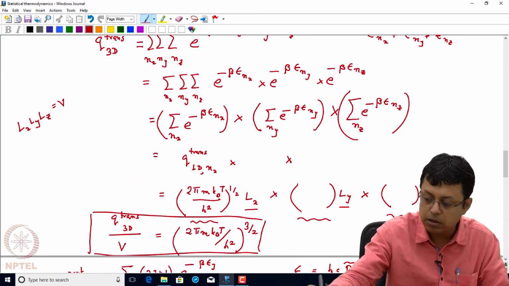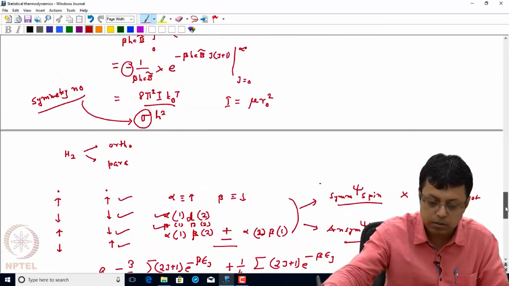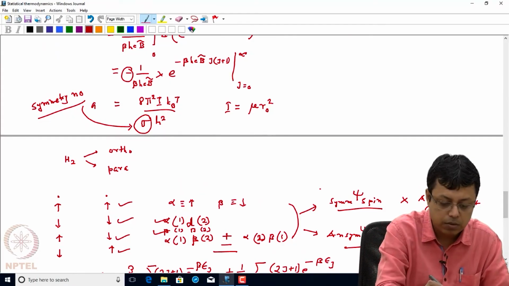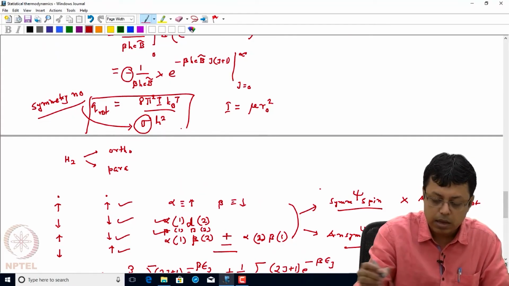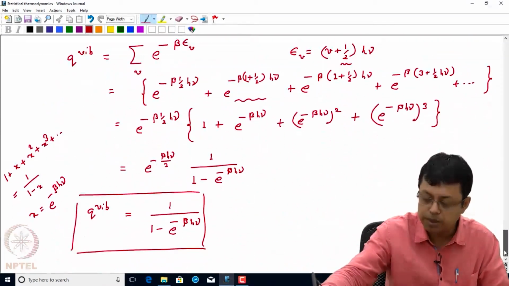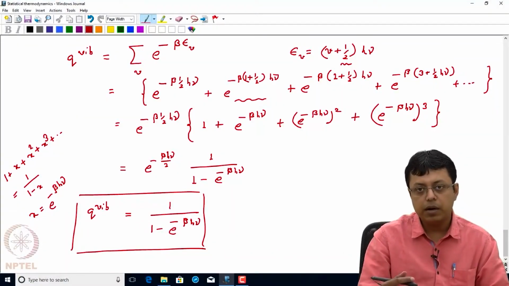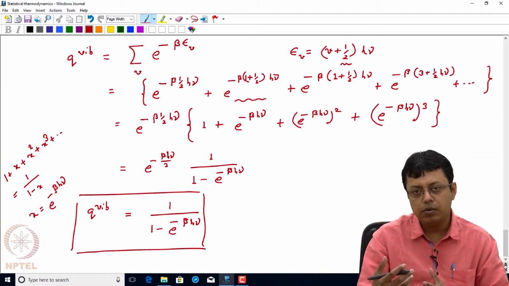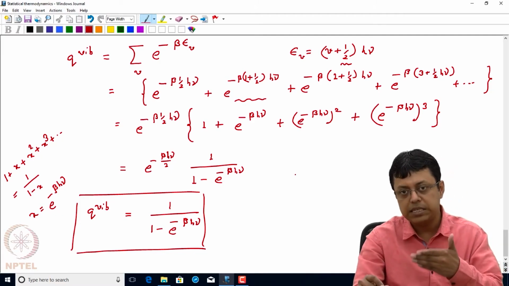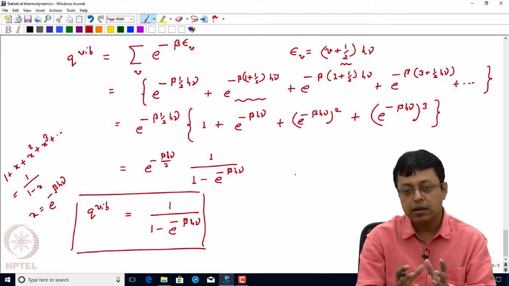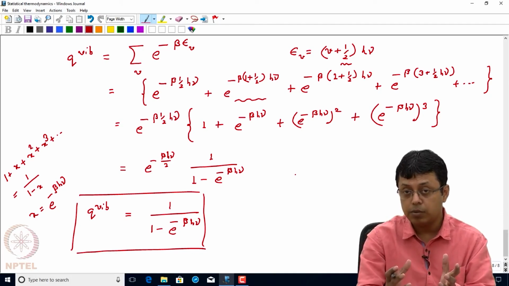We talked about the rotational partition function, which is this, and then we talked about the vibrational partition function. And the electronic partition function we usually take to be 1, because the definition of the partition function is the sum of e to the power minus beta epsilon i, but we say that only the ground electronic state is populated.